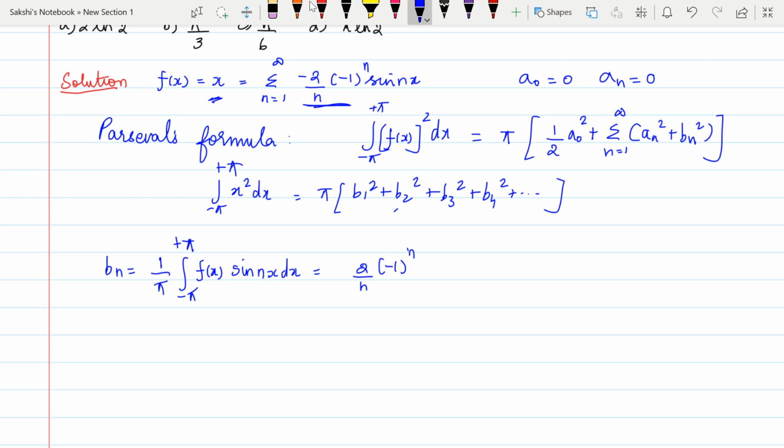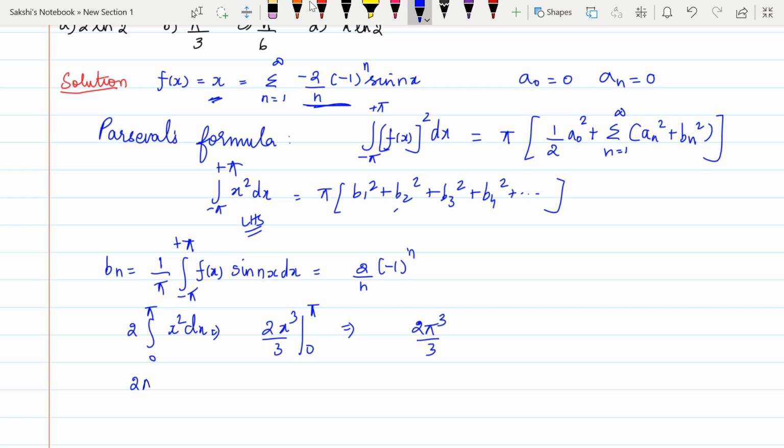So now we have to find the LHS, which is the integral from minus pi to plus pi of x square dx. Since this is an even function, I can write 2 into the integral from 0 to pi of x square dx, which gives me 2 into x cube by 3, with limits 0 to pi, and I get my LHS to be 2 pi cube by 3.